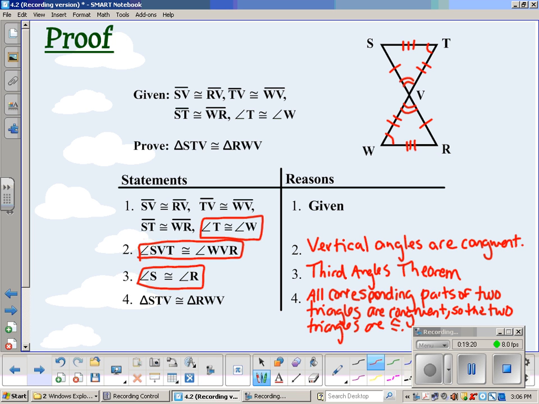And I just use the congruent symbol there at the end to fit it in. So now that we've seen a proof using this, let's take a look at the next slide.